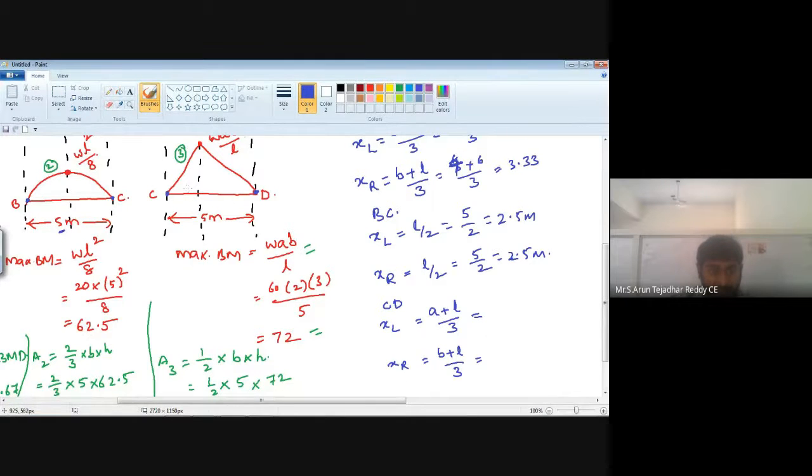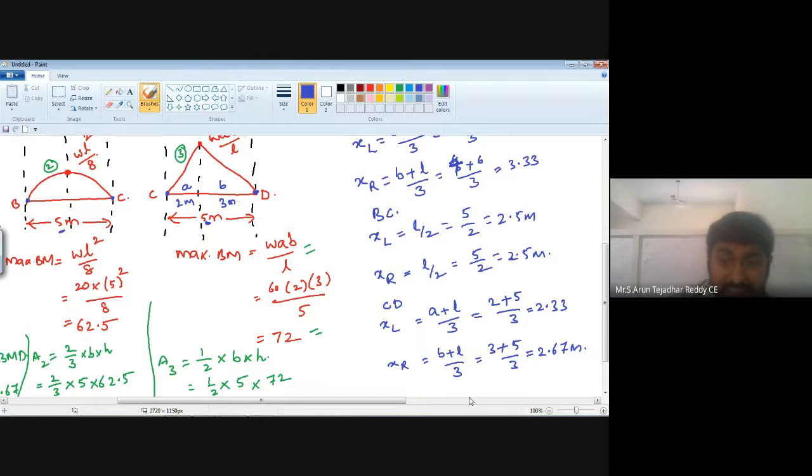Here it is A, it is B, and here we have 2 meters and here we have 3 meters. So A means 2 plus L is 5 meter by 3. Here B is 3 meter plus L is 5 meter by 3. What about the values here? XL is 2.33 meter, XR is 2.67 meter.